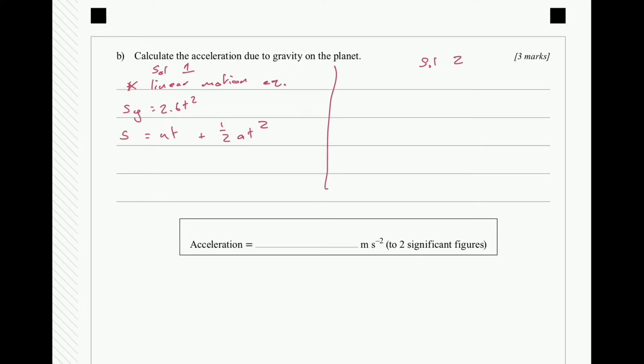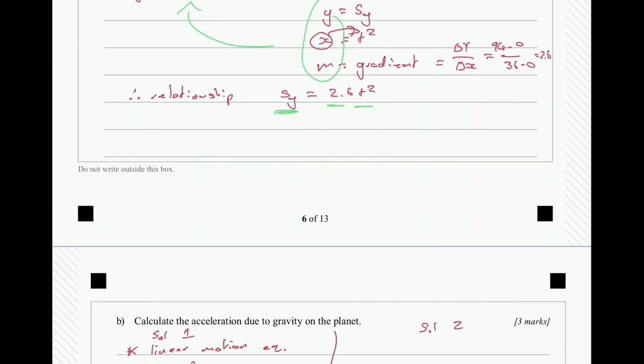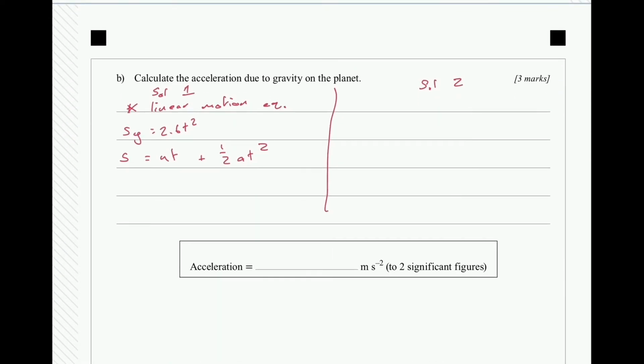We want the acceleration, and the acceleration is only present in the y. So this is going to be SY is equal to UYT plus 1/2 A, neglecting the y because acceleration only works in the y, t squared.